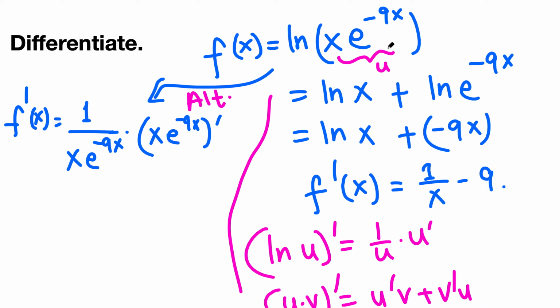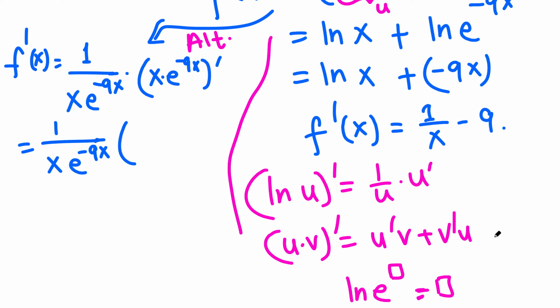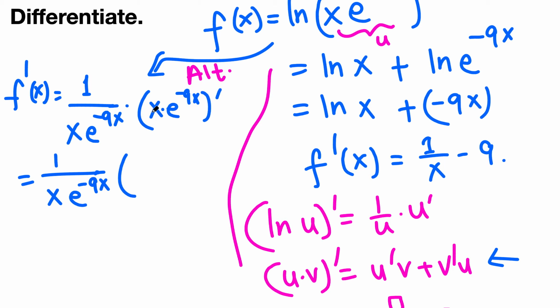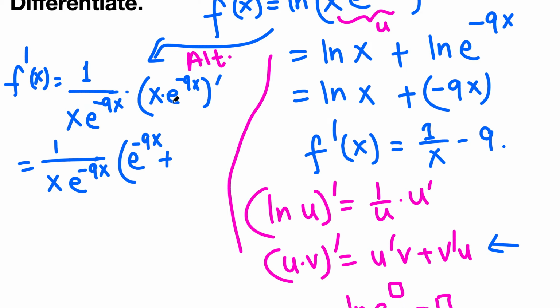It's like u times v. We have 1 over x e raised to negative 9x here, and using the product rule, the derivative of x is 1, times e raised to negative 9x, plus x times the derivative of e raised to negative 9x. That's another chain rule.